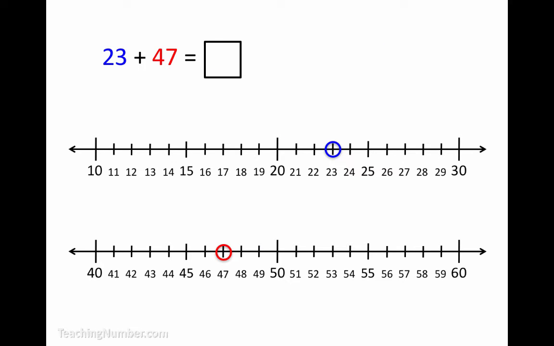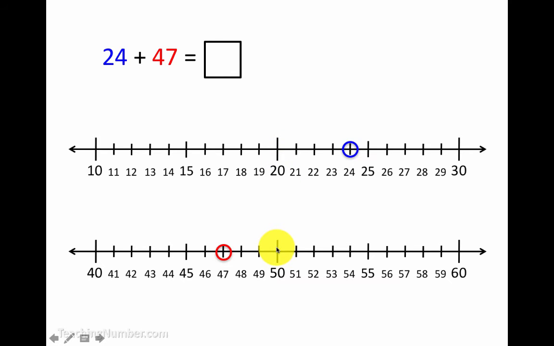In this example, we are modeling 23 plus 47. Both 23 and 47 are a distance of 3 away from the nearest 10. So whichever we use, we will get the number sentence 20 plus 50 equals 70. Now we are modeling 24 plus 47, and 47 is nearer to 50 than 24 is to 20.